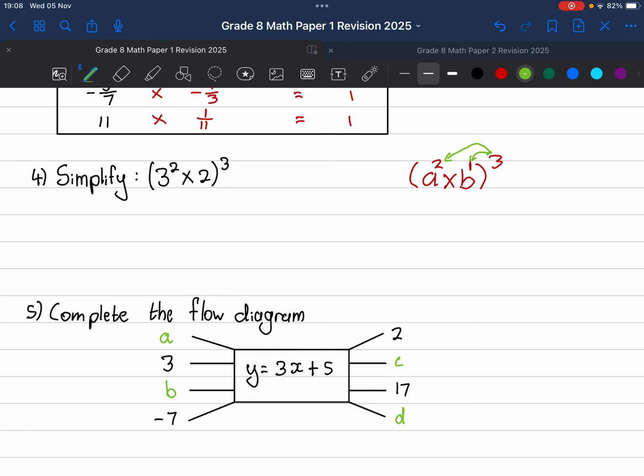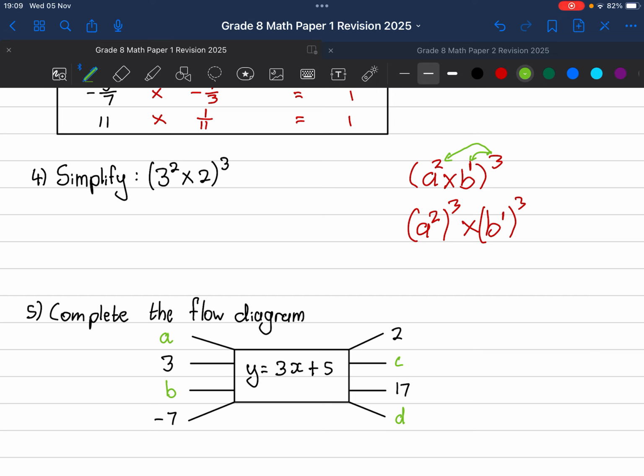So this 3 outside would get distributed to both those numbers. Now, when it's distributed, the situation we have is something like this: a squared raised to the power of 3 times b1 raised to the power of 3.